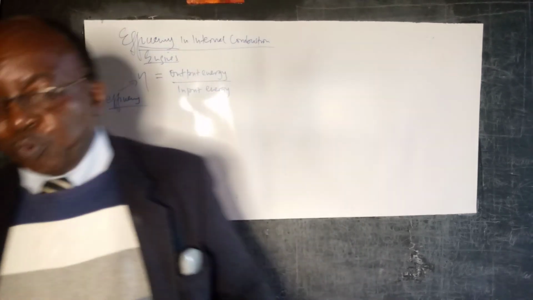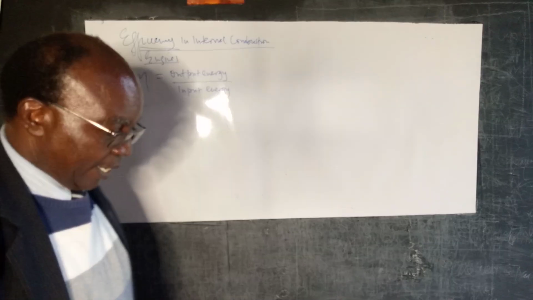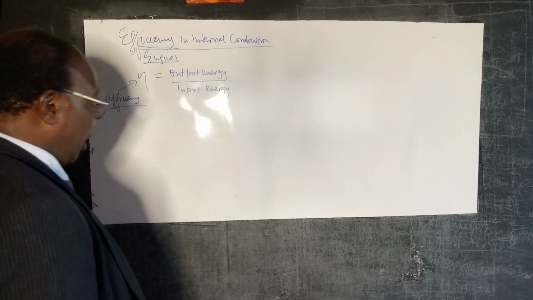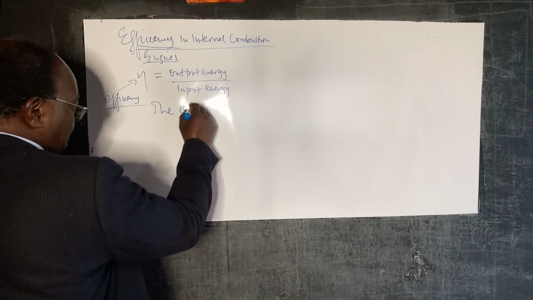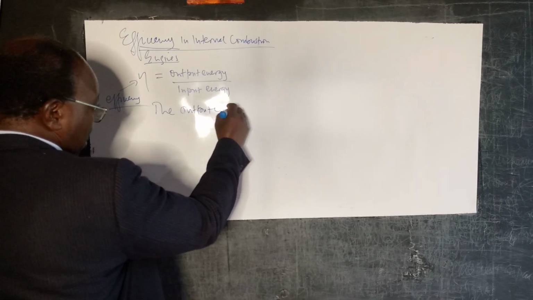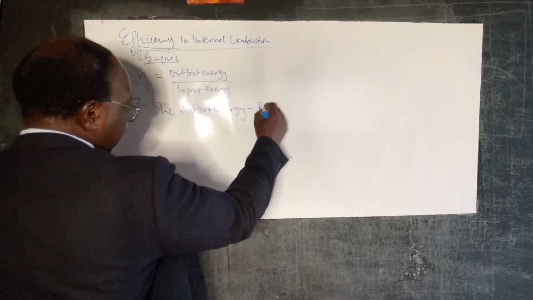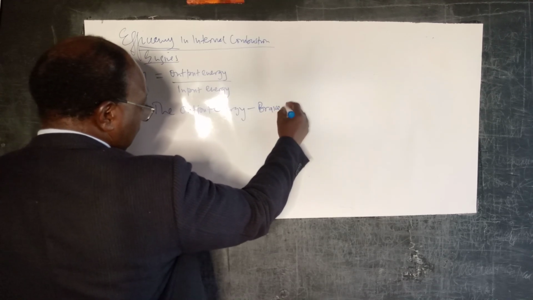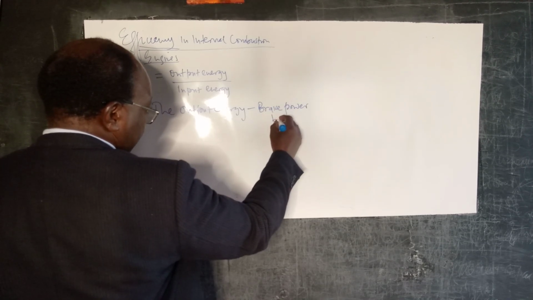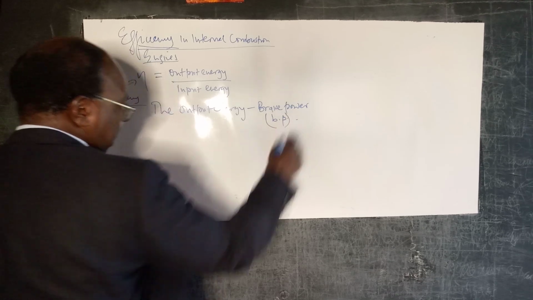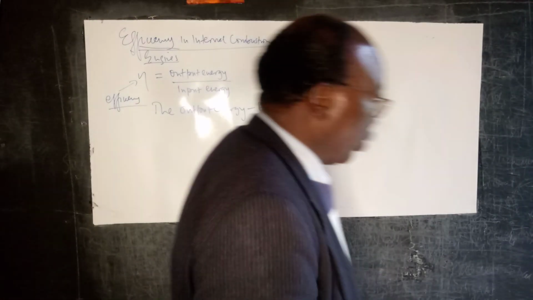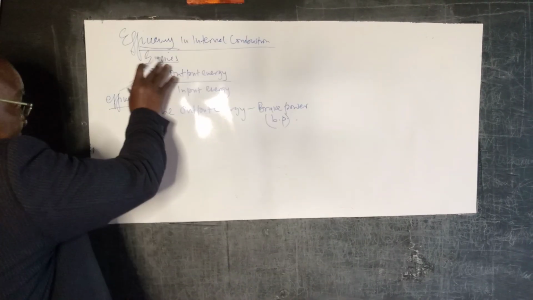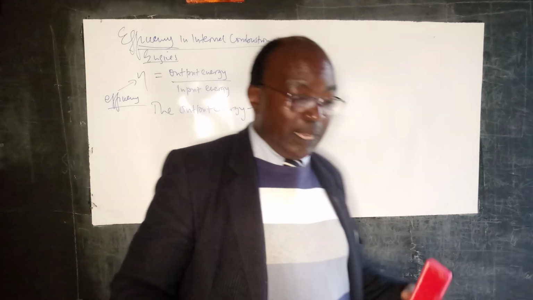Now, this output energy in the internal combustion concept is considered as the brake power, which we denote as BP. So we can now rewrite this efficiency, eta, in terms of the brake power.